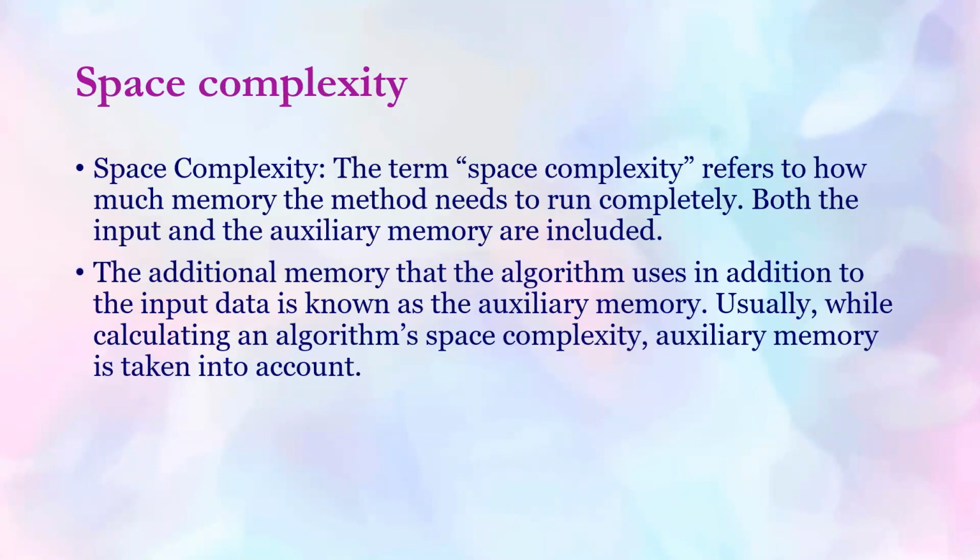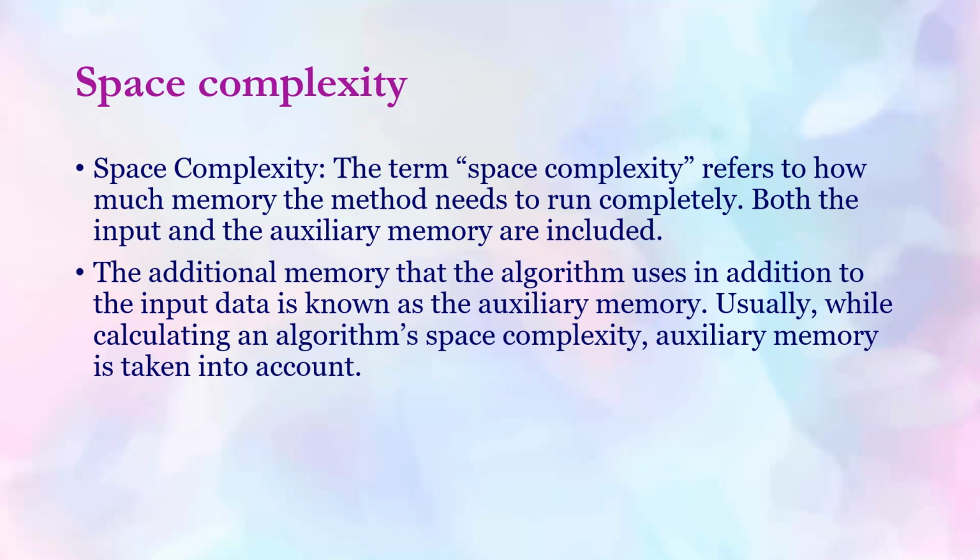The second complexity is called the space complexity. Space complexity has to do with memory, whereas time has to do with execution time. The amount of space or memory required to perform the execution of an algorithm is what you call space complexity. To give you the formal definition, how much memory is actually required to run an algorithm completely?